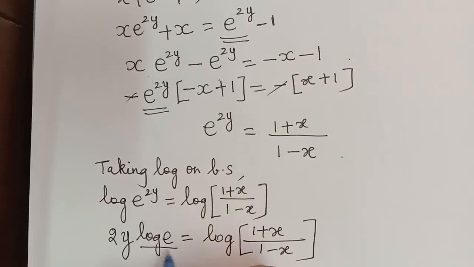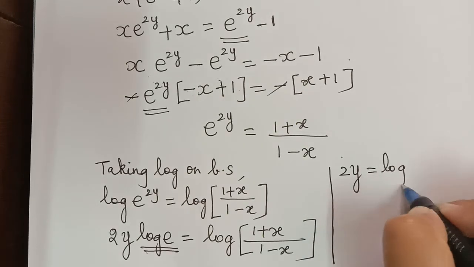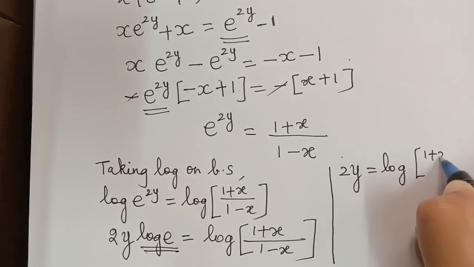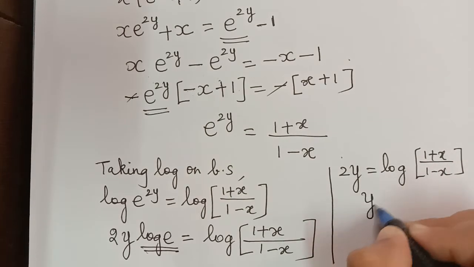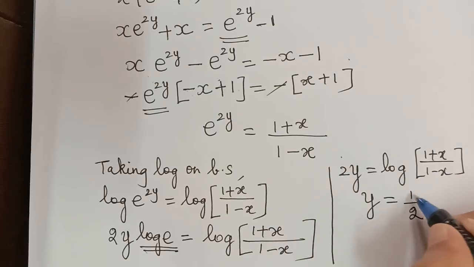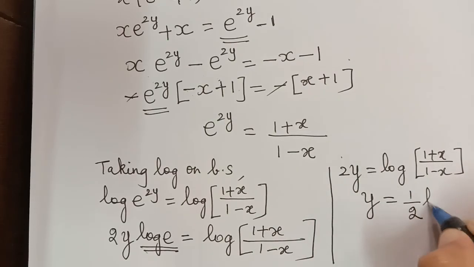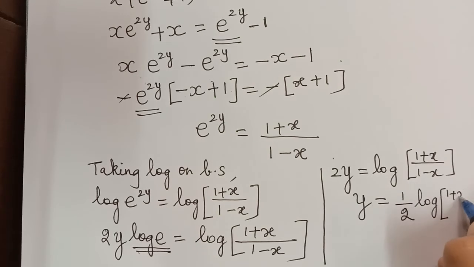Now log e is equal to 1. So therefore what we obtain is 2y equal to log of (1 plus x) divided by (1 minus x). So from this our y will be equal to 1 by 2, taking this to the right, it goes to the denominator, so 1 by 2 log of (1 plus x) divided by (1 minus x).